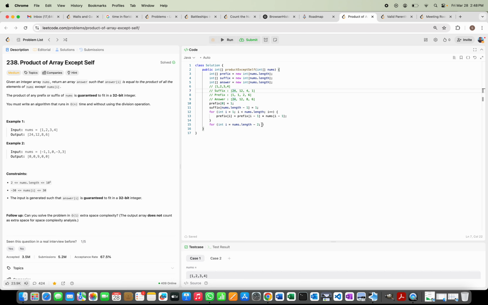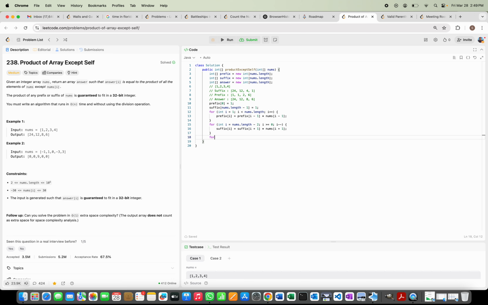So this is nums.length minus 1, this is nums.length minus 2. So we're going to start from here. i greater than or equal to 0, i minus minus, suffix i equals suffix i plus 1 times nums i plus 1.